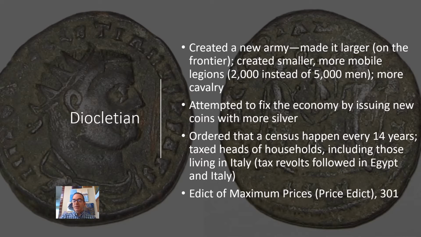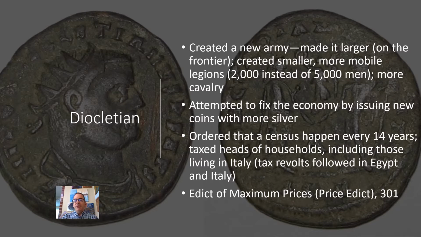Okay, so what did Diocletian do exactly? So he made a new army. He made it smaller in one respect by making the legion smaller and more mobile, and put more people on the borders.